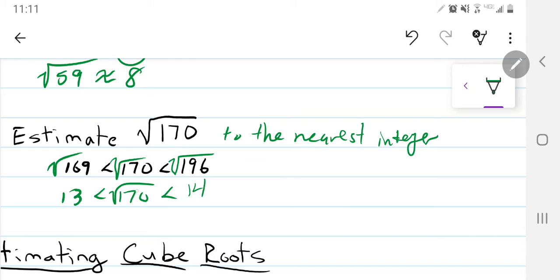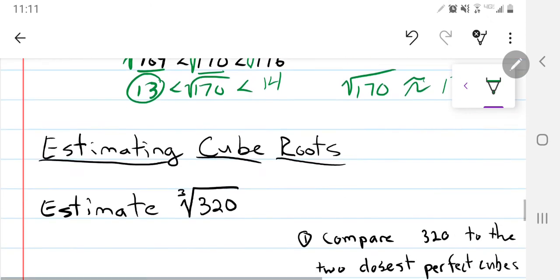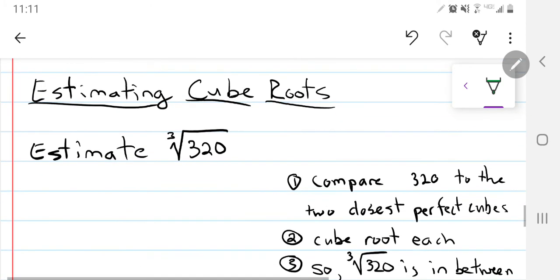All right, so then our answer is going to be somewhere between 13 and 14, the real answer, but we're just estimating to the nearest integer, and because 170 is way closer to 169 than it is to 196, we're going to say 13's our closest integer. So the square root of 170 is approximately equal to 13, when really it's not even close to being equal to 13.